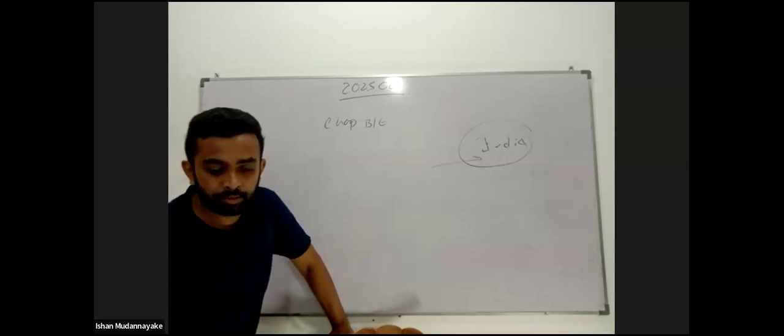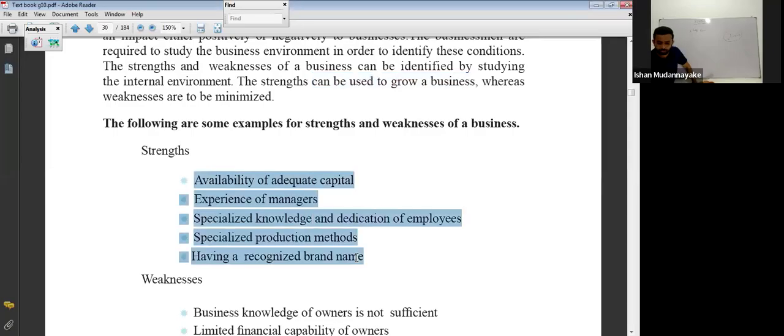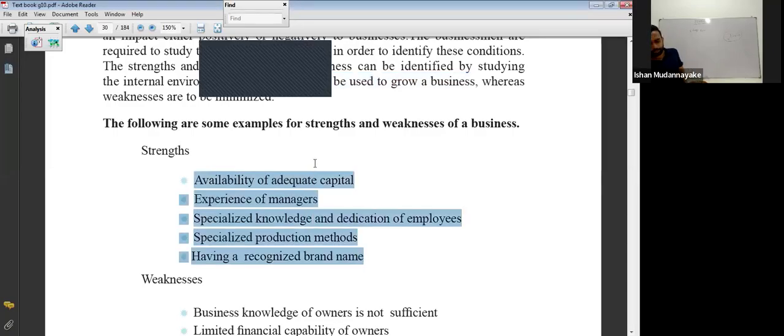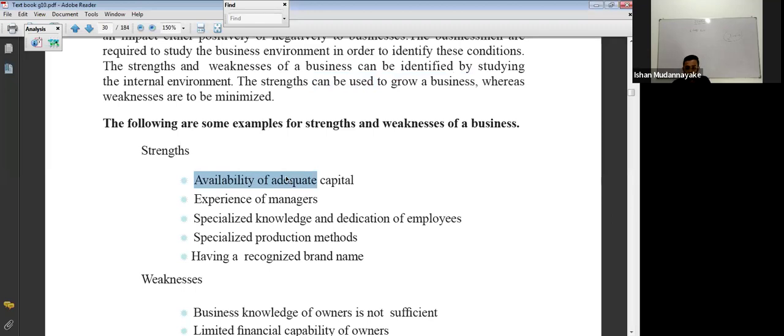Right here, look at the note. What are the strengths? What are the weaknesses? Quickly we will read this note. First one, Binili. Availability of adequate capital.